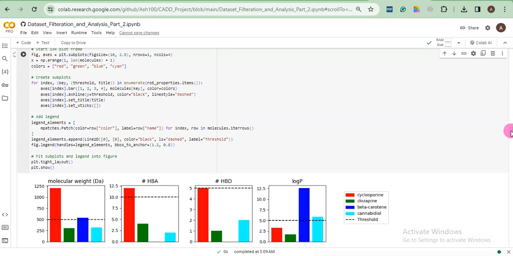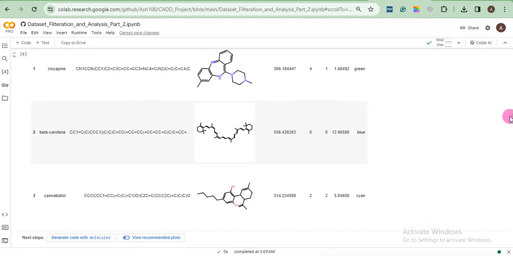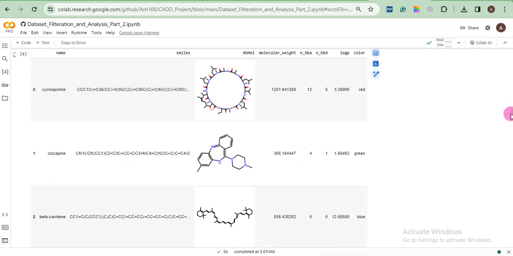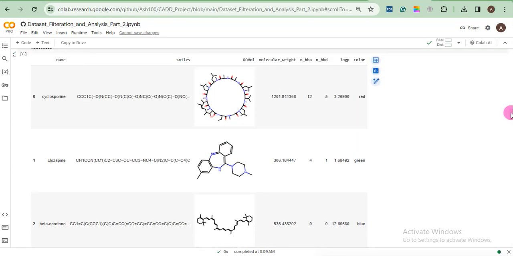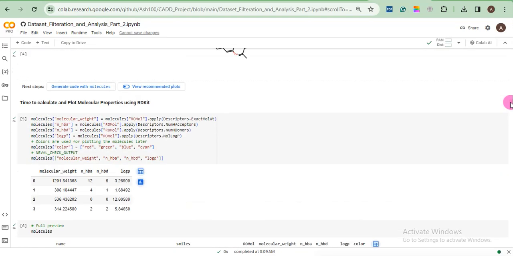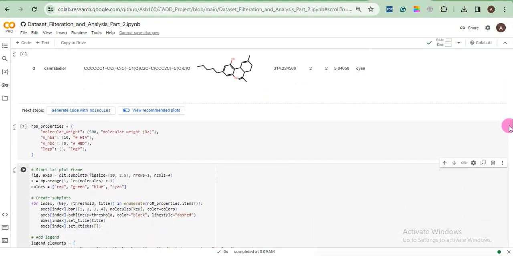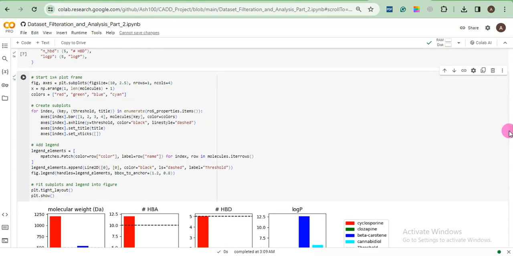Okay, we calculated the properties for the 4 compounds, and if you have your own compound, you can put it here and calculate its properties, and then we plot it.